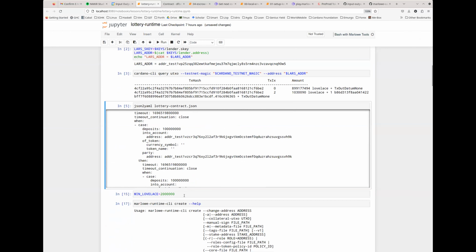Now this min Lovelace thing: there is one rule about UTXOs on Cardano. As I explained before, each node keeps track of the set of UTXOs on the blockchain. That means that every UTXO costs, because some amount of hard drive has to be used by the nodes to store that UTXO.